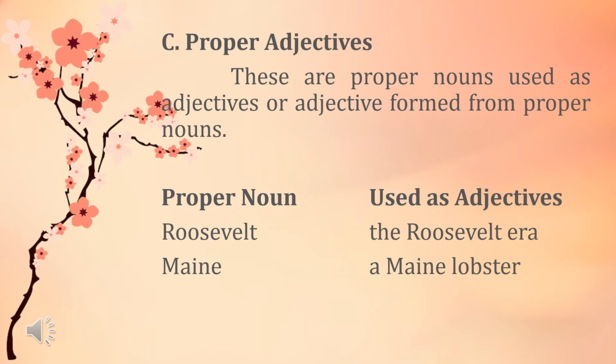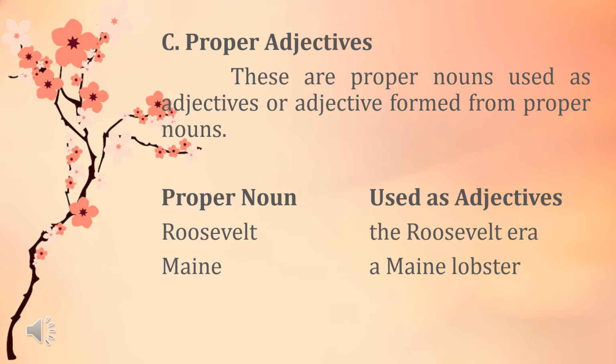In this classification of adjective, we have a proper noun, Roosevelt. If we're going to use Roosevelt as an adjective, we are going to connect it with another word, for example, Roosevelt era or the Roosevelt era.